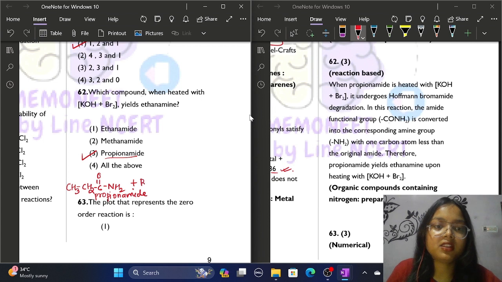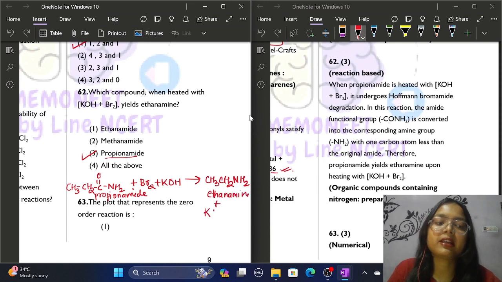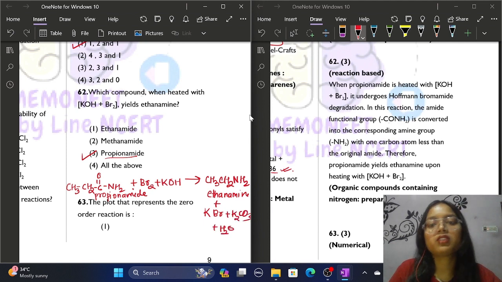On reaction with Br2 and KOH, it will give CH3CH2NH2, which is ethanamine, and the byproducts are KBr, K2CO3 and H2O. So the correct option will be propanamide.